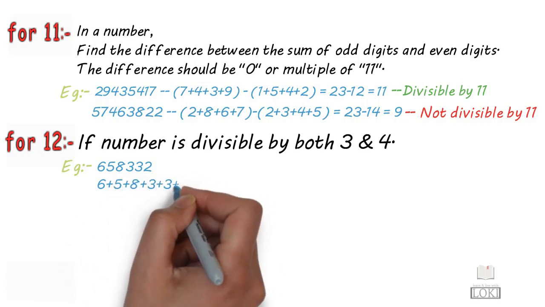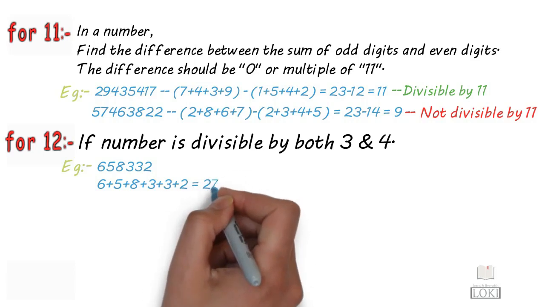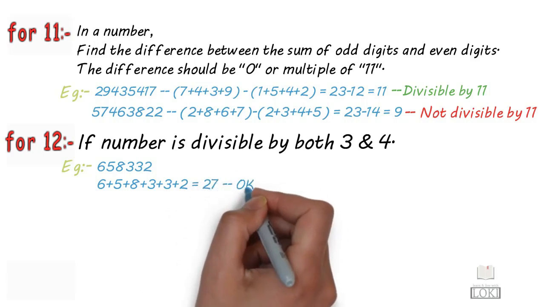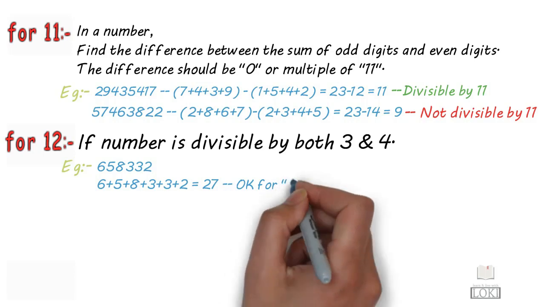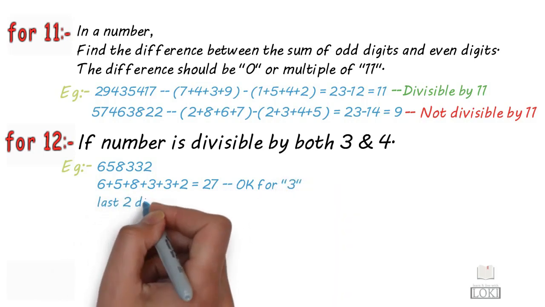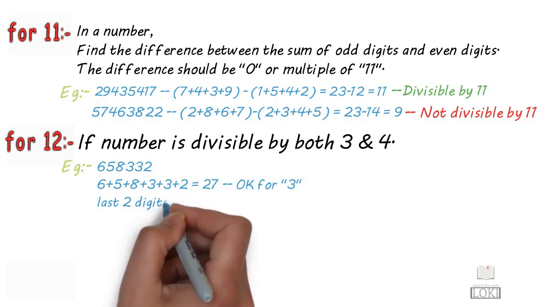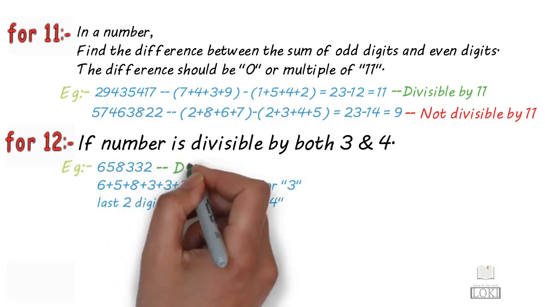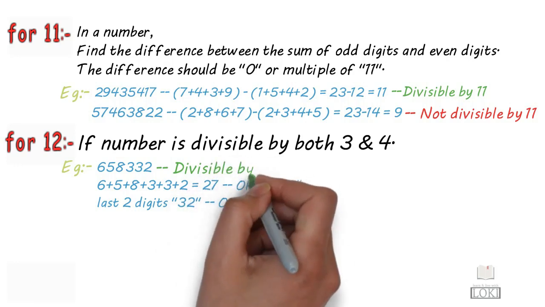For 3 we all know the rule is the sum of the digits. The sum is 27 and it is divisible by 3, and for 4 the last 2 digits are 32. We know that 32 is divisible by 4. So this entire number is divisible by 12.